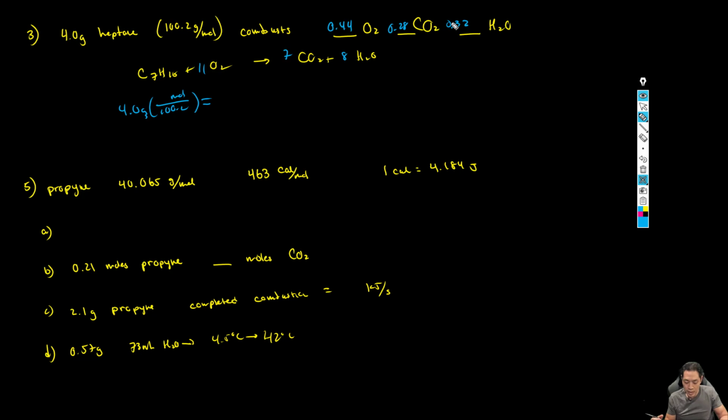Okay, number 5, we have propane, which has a molar mass of that and that. And for A, it says how many C's. So if it was propane, remember prop is 1, 2, 3. So 1, 2, 3, 4, 5, 6, 7, 8 H's.